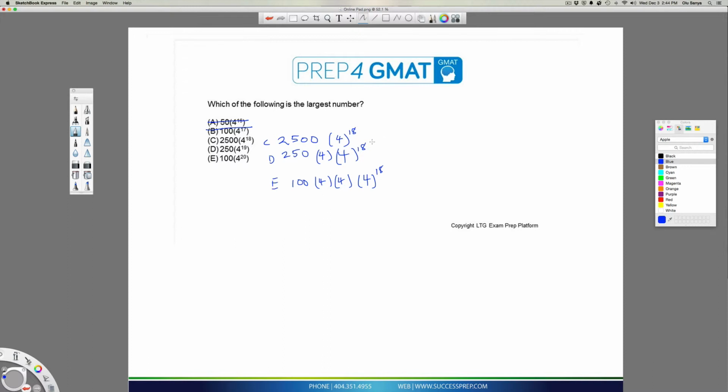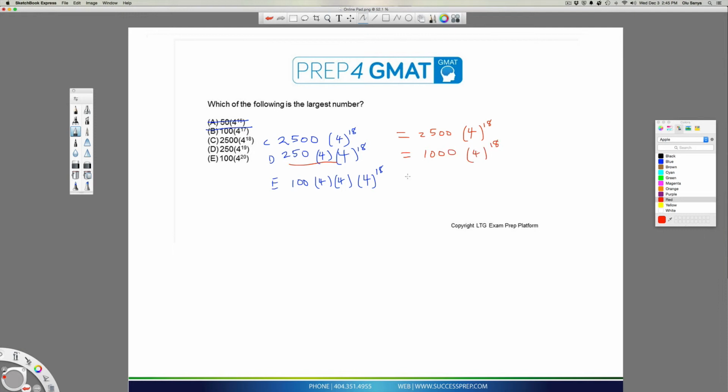So at this point, we could clean this up some more and have something that looks like this. For C, we still have 2500 4 to the 18s. For D, we need to look at these two together. So it's 4 times 250, which is 1000. So we have 1000 4 to the 18s.